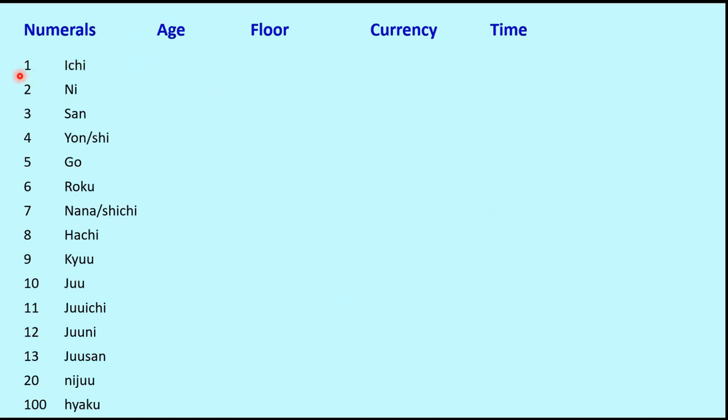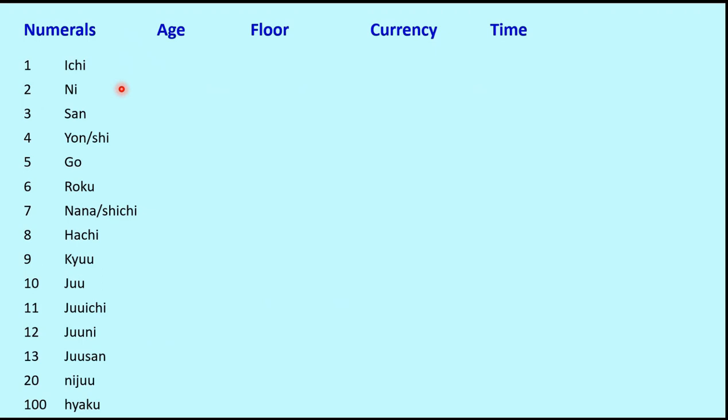These are the numerals ichi, ni, san, yon or shi, go, roku, nana or shichi, hachi, kyu, ju, juichi, juni, jusan. For 20 it is niju and 100 is hyaku.